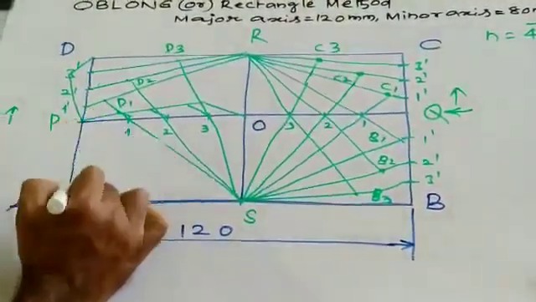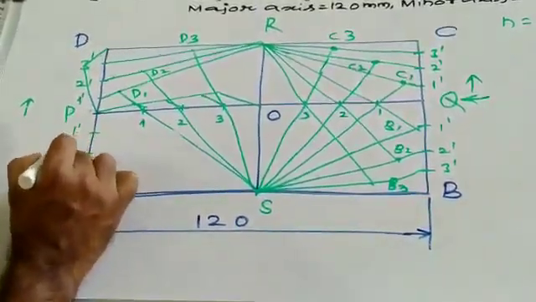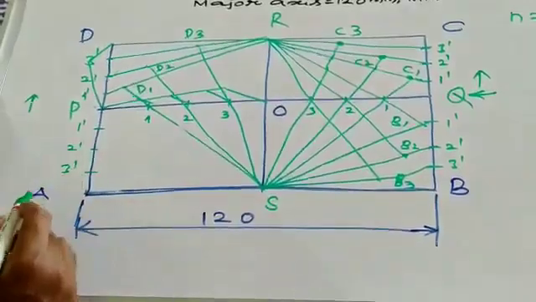Similarly, PA divided into 4 number of equal parts, 1 dash, 2 dash, 3 dash.